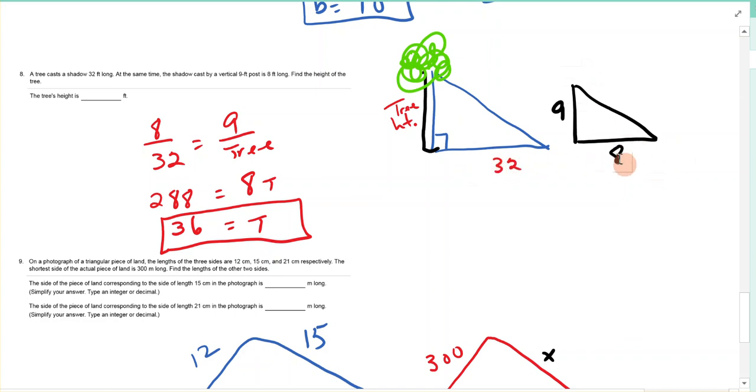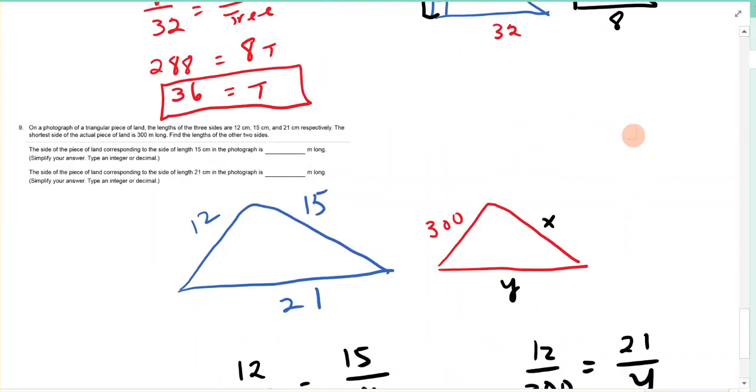Those are the same types. Those are the proportional sides. 9 goes with the tree height. So we can say 8 compares to 32 as 9 compares to the tree. Cross multiply, 288 equals 8t. Divide by 8, so the height of the tree has to be 36 feet.